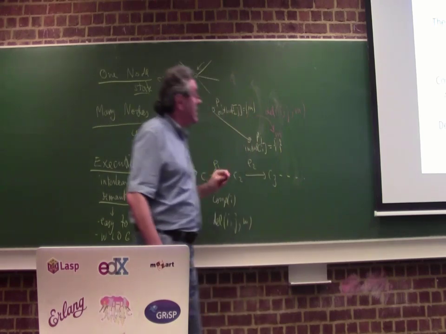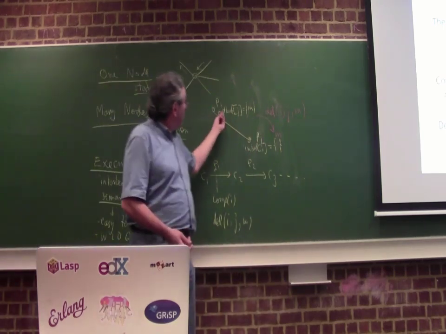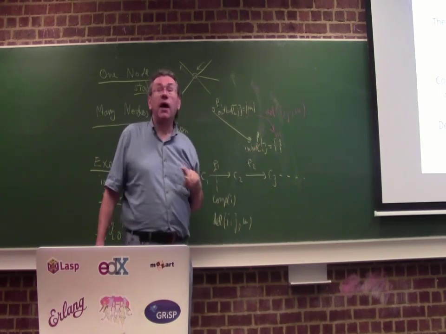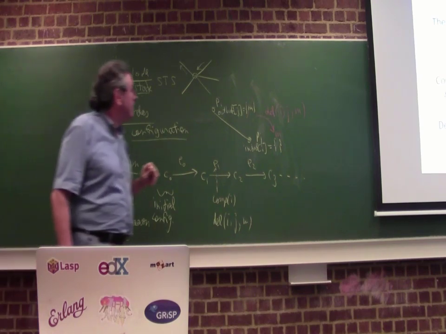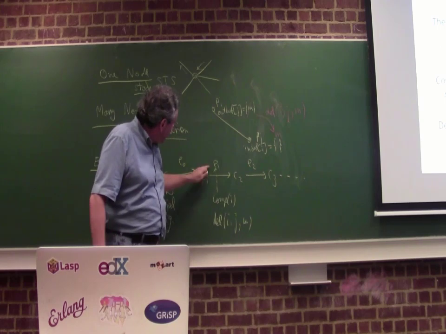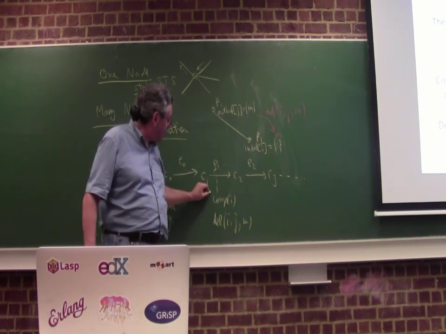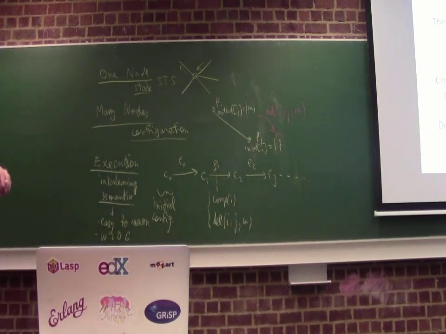Okay? And this is a single event, so it's considered atomic. So the message, boom, it jumps from PI to PJ in the model. In the real world, a delivery event is not instantaneous. In the model, it's a single atomic event. Okay, the delivery. So you see how we're modeling things here.